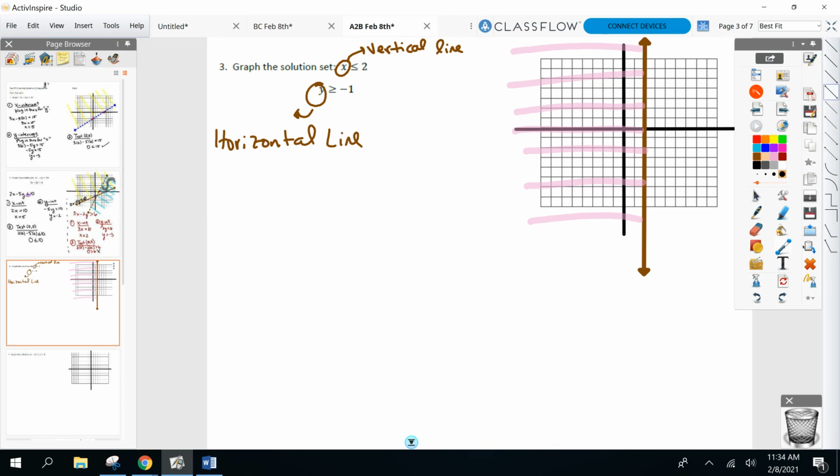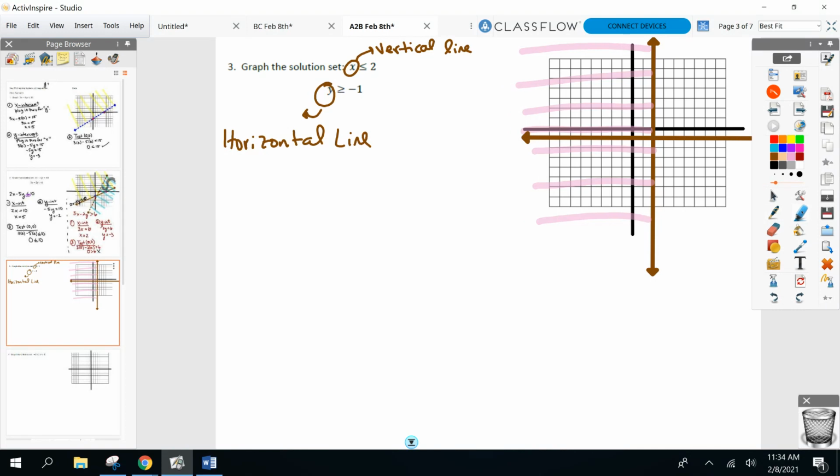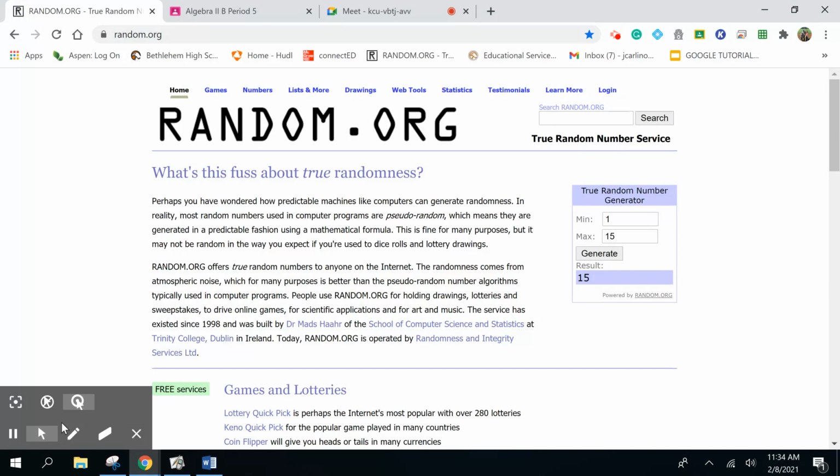So everyone make sure -1 on the y-axis, a horizontal line. And now I've got to figure out where my shading's going to go. Where are all my y values greater than -1? Above that line or below?